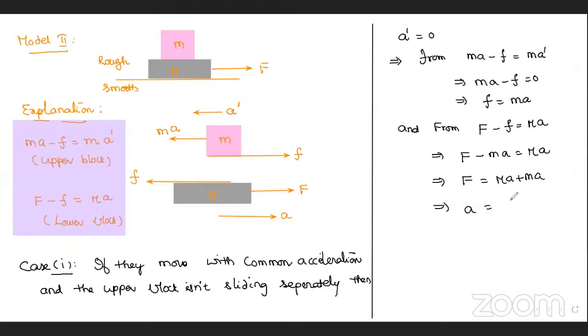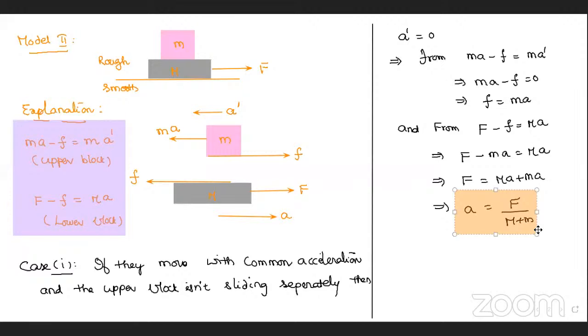That implies A is equal to F divided by M plus M. In one step, I wrote by taking A common and throwing that one to the left hand side. A is equal to F by M plus M. So do you have any doubt, Nana? Whatever I explained on the right hand side in this explanation? Understood. Very good.